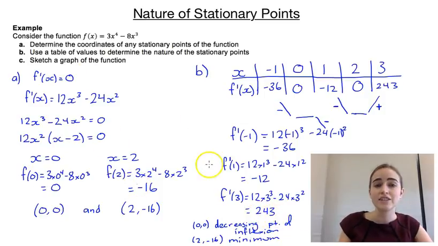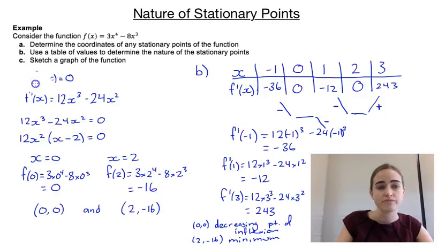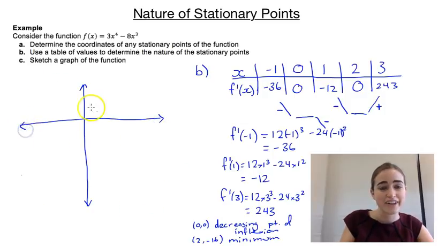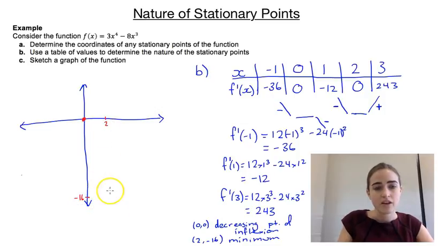Part C asks us to sketch a graph of the function. This isn't straight at all, I'm sorry, but you're going to use a ruler on yours. We do have the point (0, 0), and we have the point (2, -16). So we know that there is a stationary point here and here.